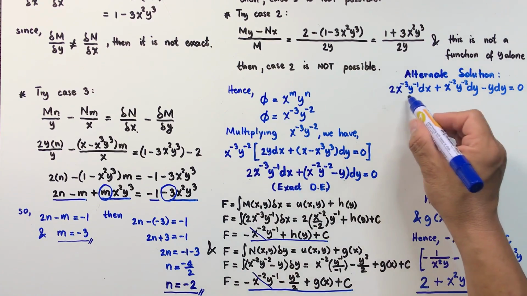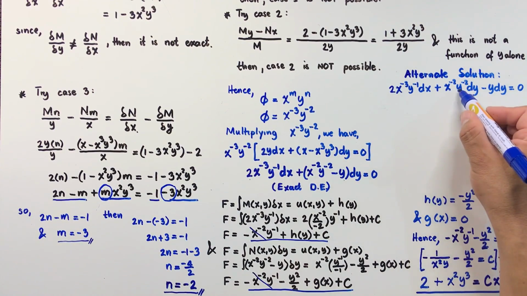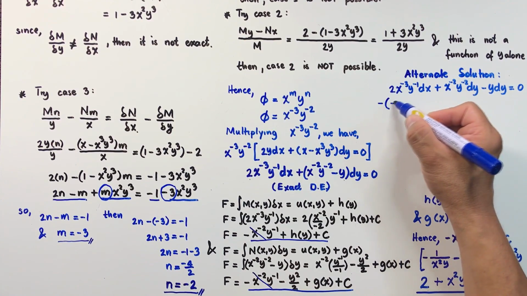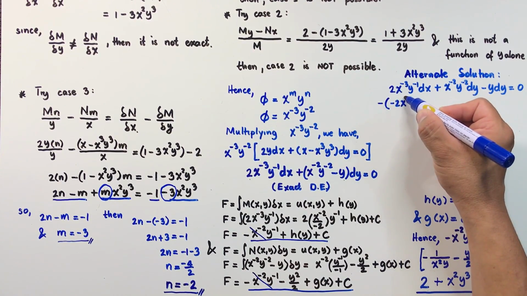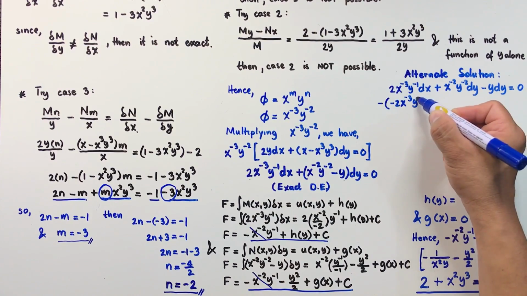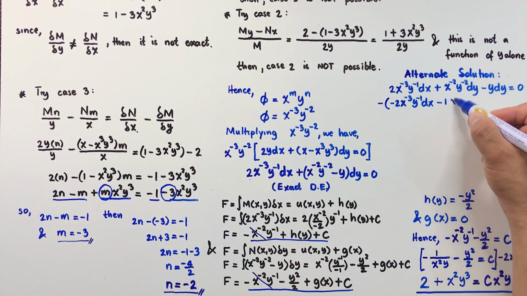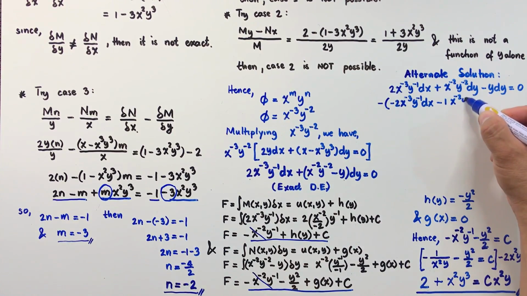And by factoring a negative 1 in these two terms here, we have negative of the negative 2x to the power negative 3 y to the power negative 1 dx minus 1 of x to the power negative 2 y to the power negative 2 dy, minus y dy, which is equal to 0.